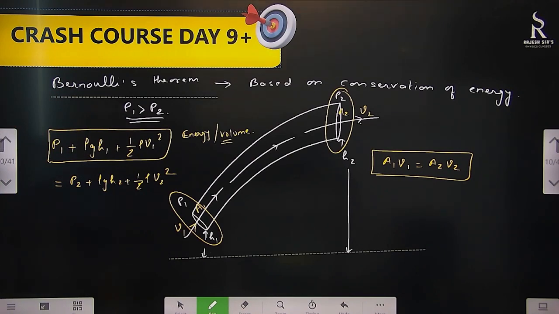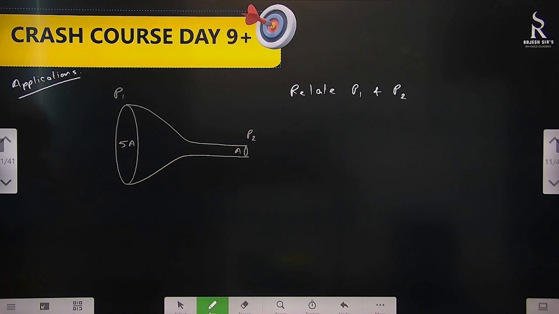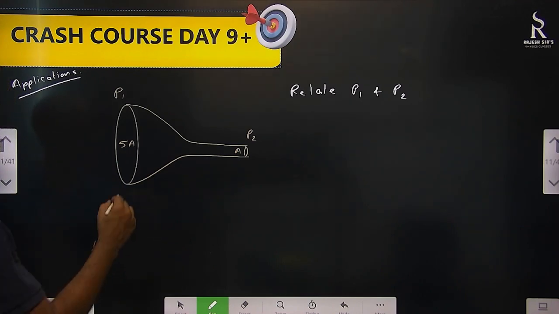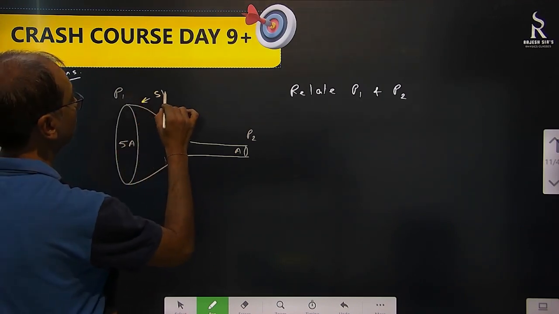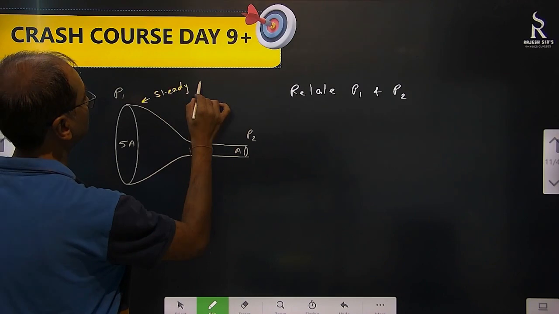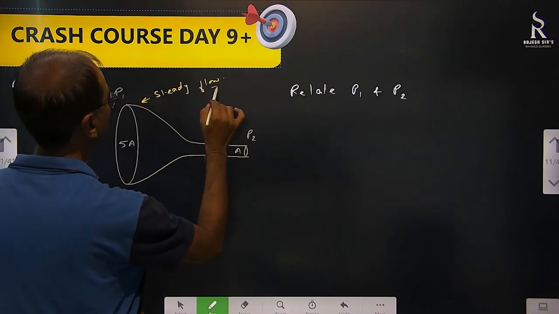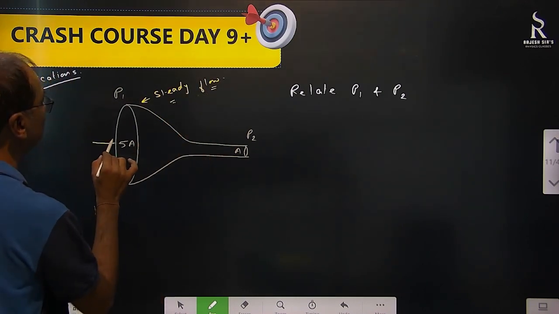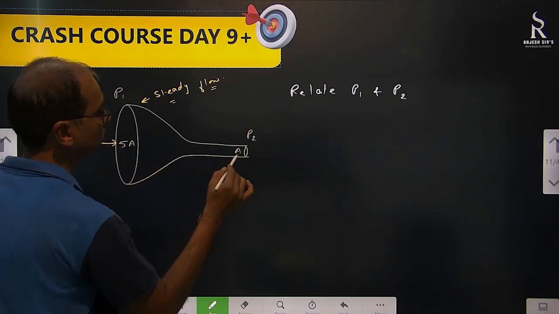Now, what are its applications? Many applications are there. The first application is this. There is a pipe with a variable cross section, and steady flow in it. Maybe here the velocity is V1, and here the velocity will be V2.